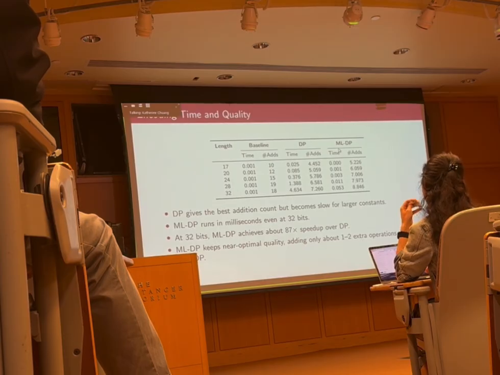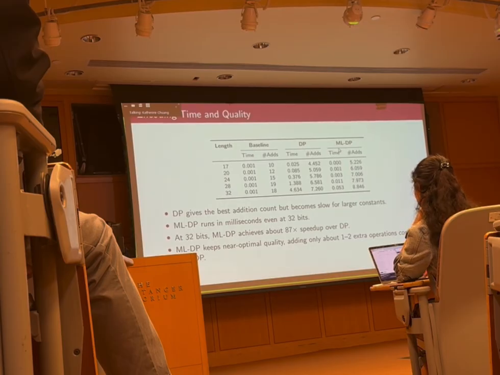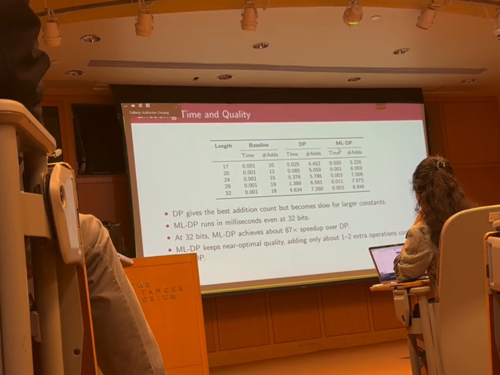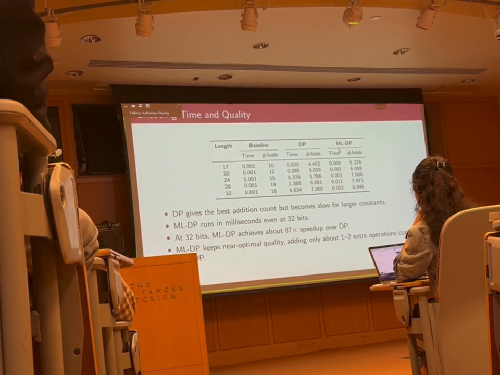And for the additions, as we can see, machine learning achieves not bad additions, almost the same as the DP encoder, but it speeds up a lot over the DP encoder, as the time only increases from 0 to 0.0523 seconds there. That means the time is shortened strongly, while this method still keeps almost the same quality as the DP encoder.